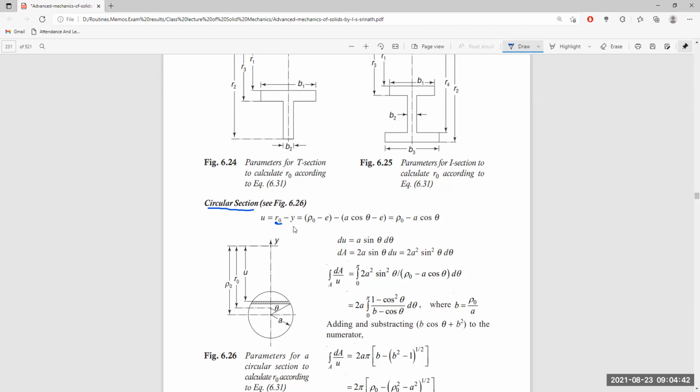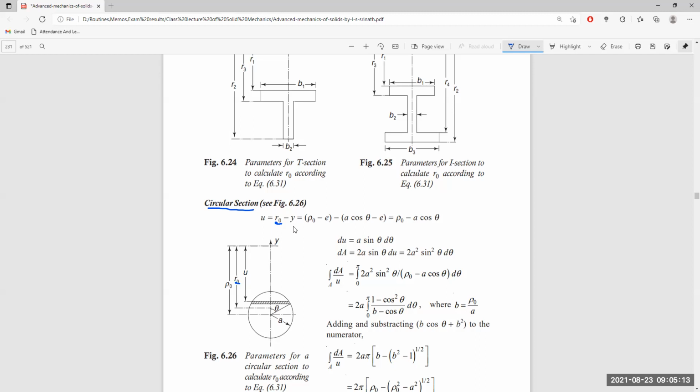So it is defined that the neutral axis is not merging with the central axis. And u is given as the difference between the central axis, like here, which is r0, the distance of the neutral axis from the center of rotation, minus y is the distance.